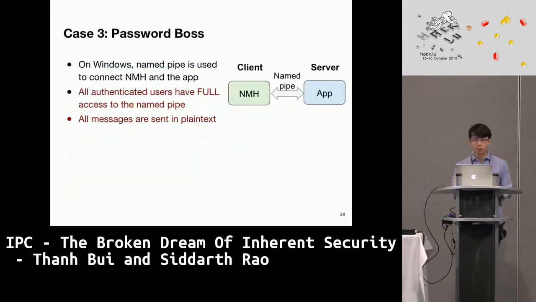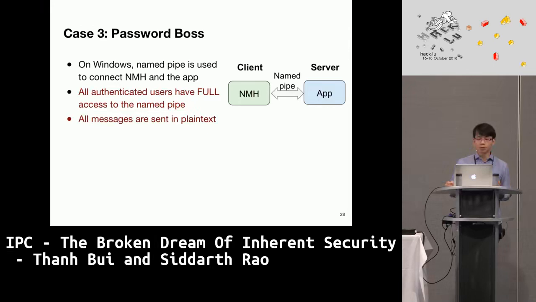Let's take a look at an example here. Password Boss is an example of a password manager that uses a native messaging host. On Windows, its native messaging host uses a named pipe to communicate with the native app. When the app starts, it creates a named pipe and waits for a connection from the native messaging host.